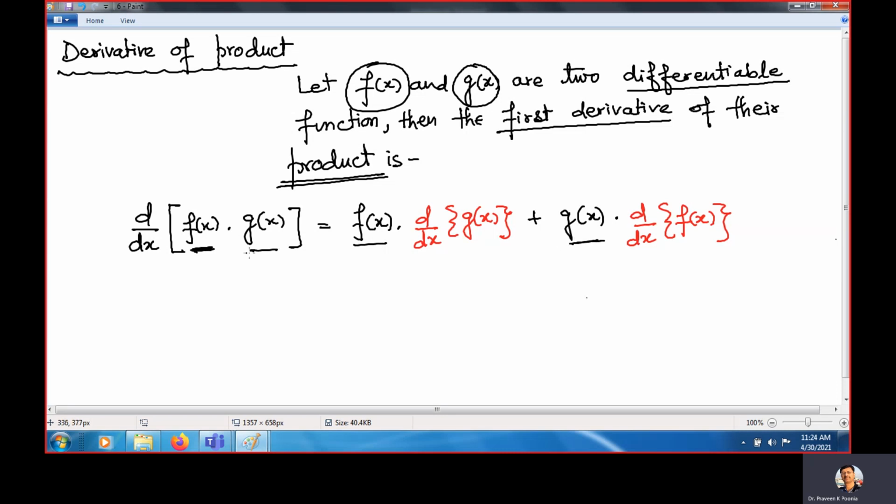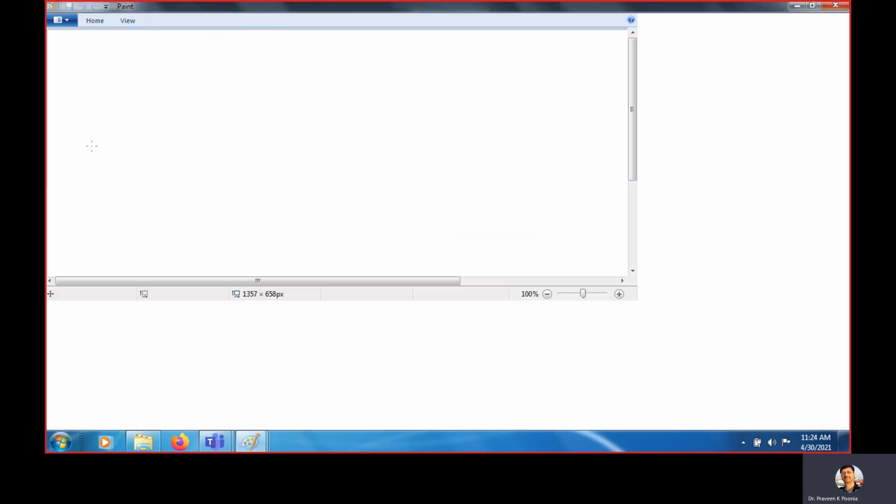When f(x) is the same, we differentiate d by dx g(x), and when g(x) is the same, we differentiate f(x). This is the formula: one function same to same, differential of second, plus second same to same, differential of first. This you need to remember.